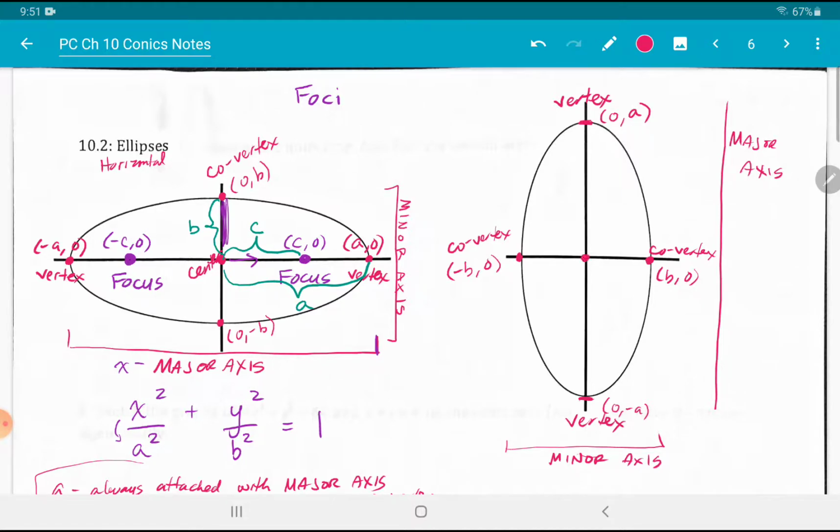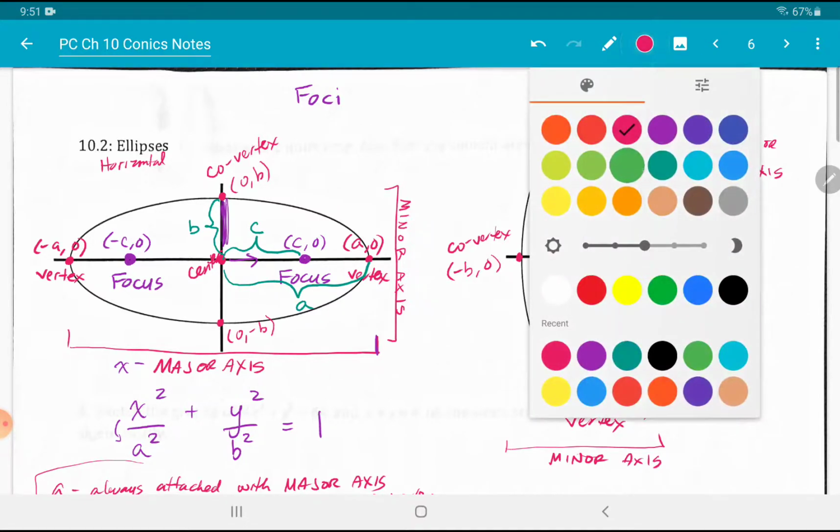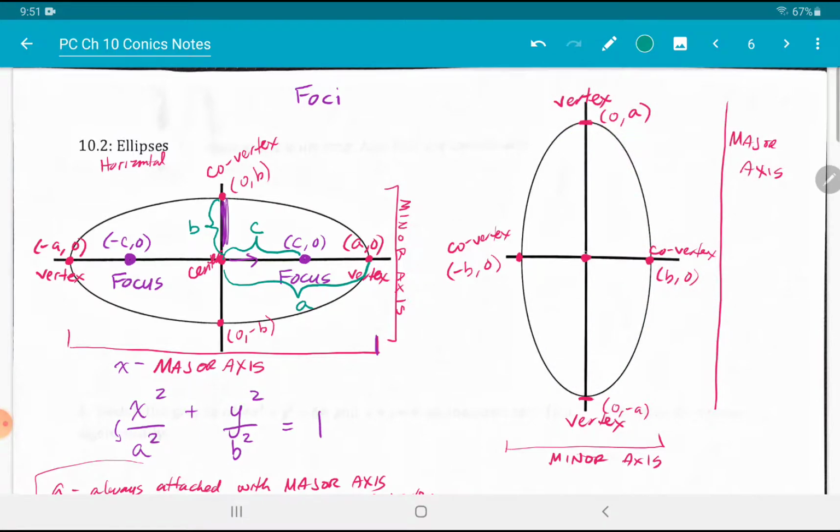Keep in mind they're all coming from the center point. And also from the center point, we have another important point, which we classify as the focus. Remember, the focus is inside the ellipse, and the two foci are equal distances from the center. I spelled that in the plural form. The focus has a length of c.